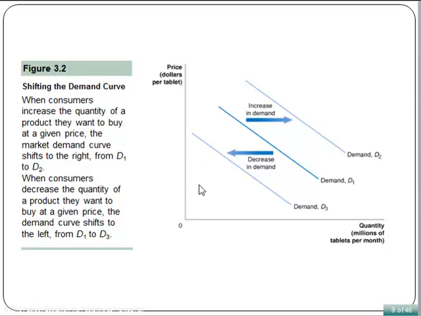That means at any given price there is more demand. When consumers decrease the quantity of a product they want to buy at any given price, the demand curve shifts to the left from demand 1 to demand 3. We call this a decrease in demand. Those are the shifts in demand.